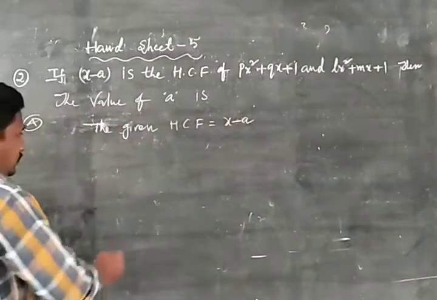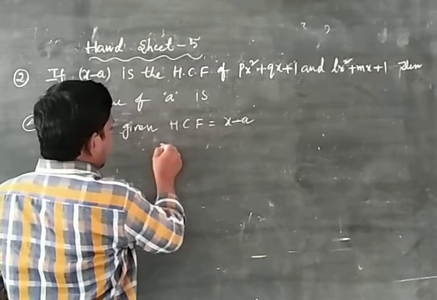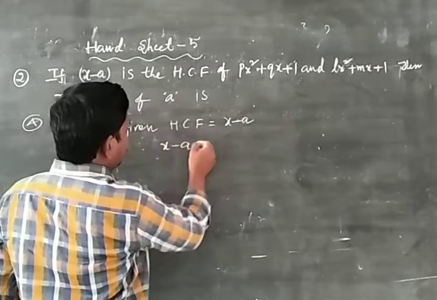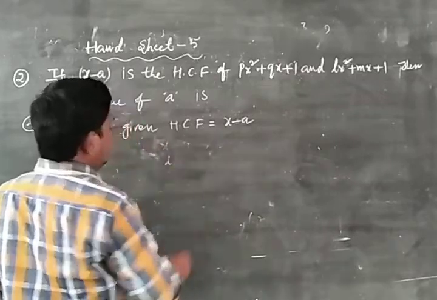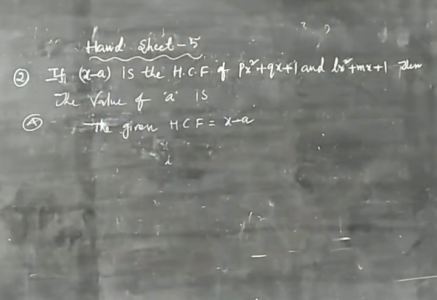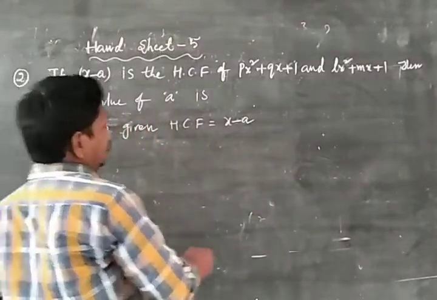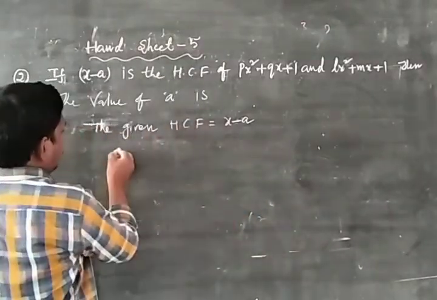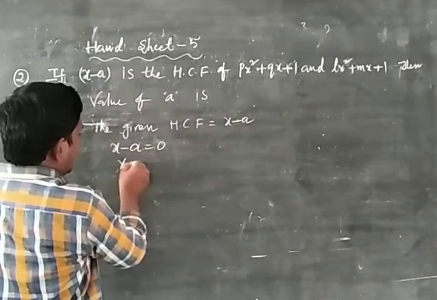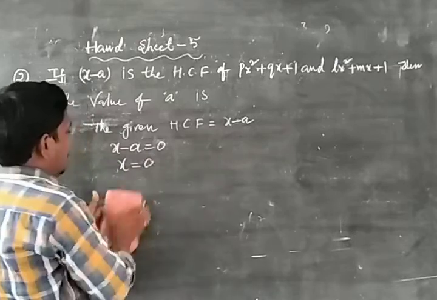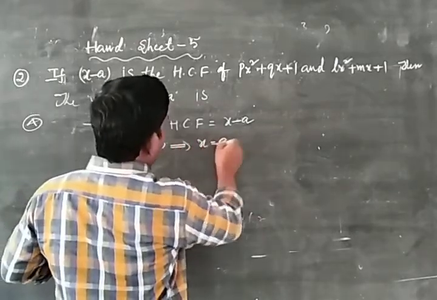Then x minus a equal to 0, which implies x equal to a.